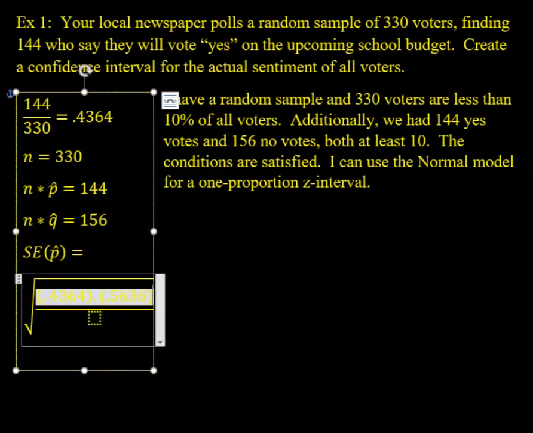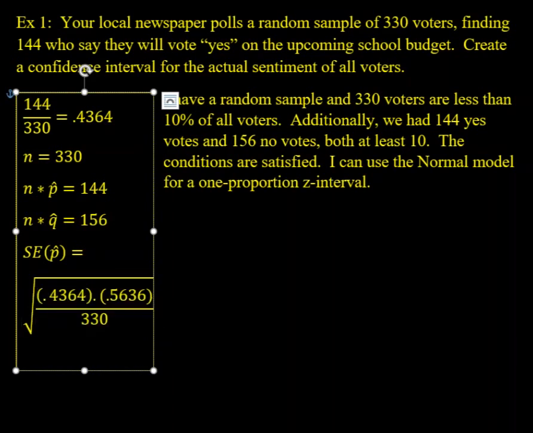So 0.4364 times 0.5636 over our sample size of 330. And this equals 0.0273. That's our standard error.